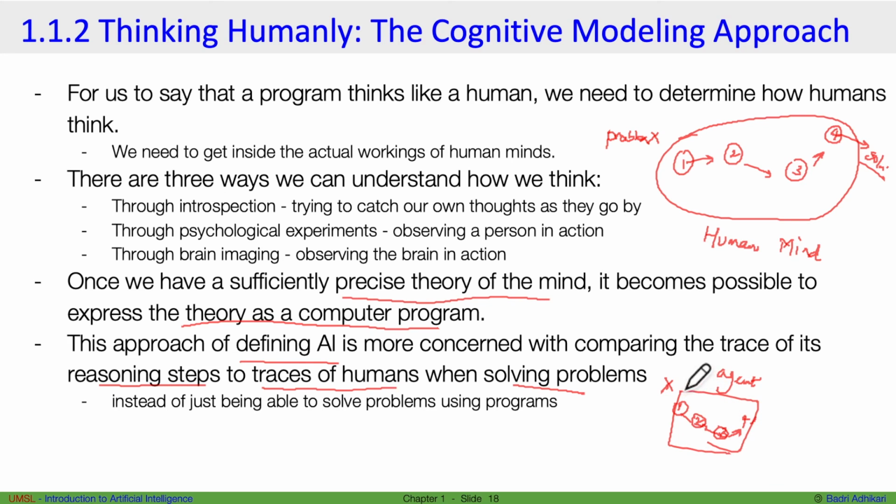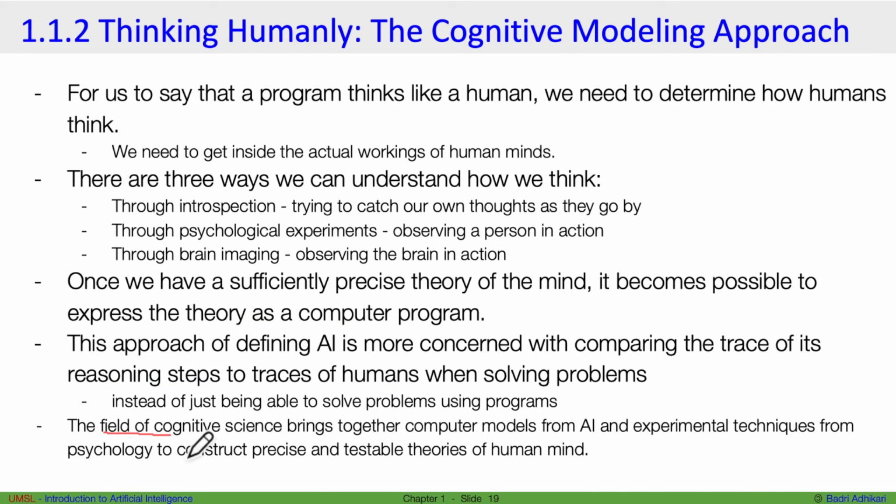So the agent is designed such that the reasoning steps that we do as humans are copied or used as a model for the agent as well. And this is instead of just being able to solve the problems using programs. So if the same agent can solve problem X without doing any of this, but doing it some other way, then this will not be thinking humanly.